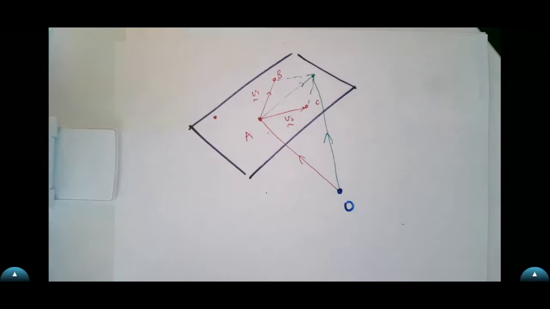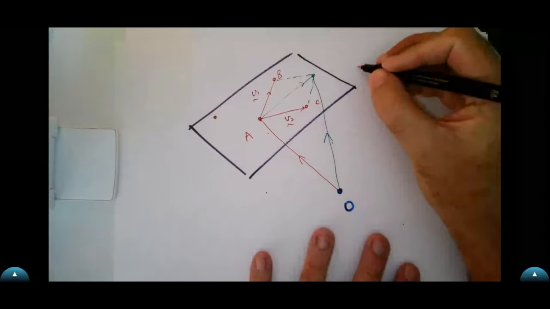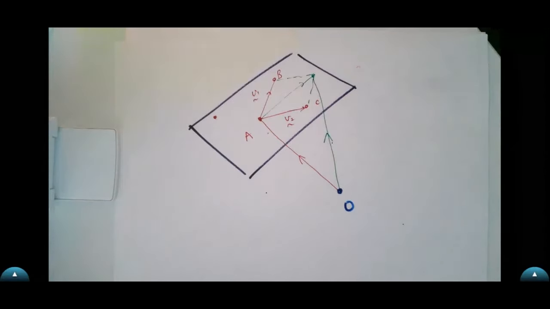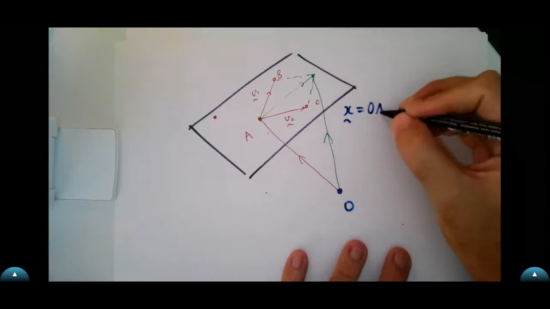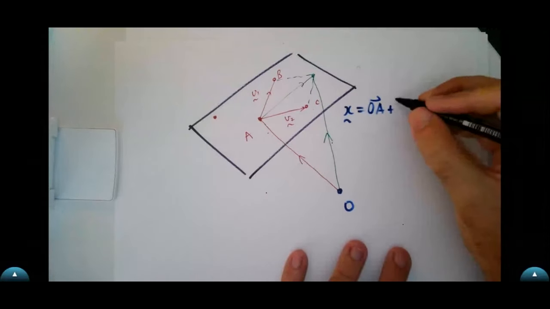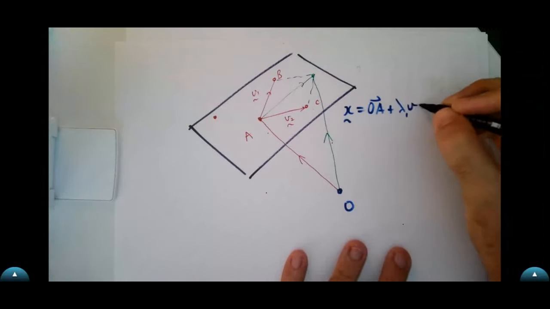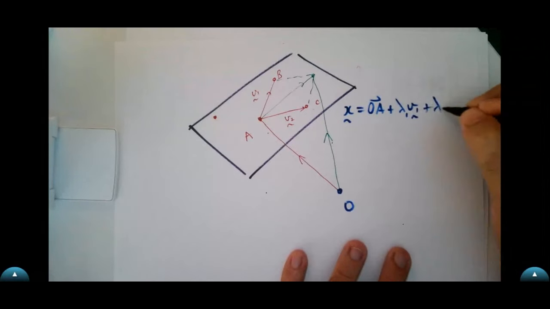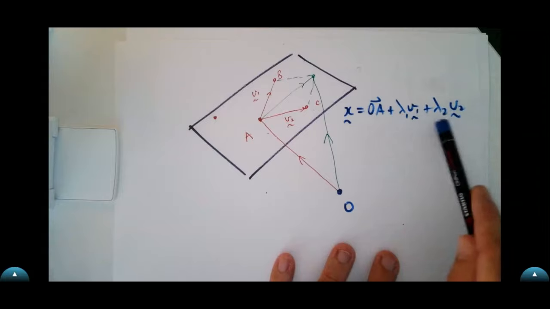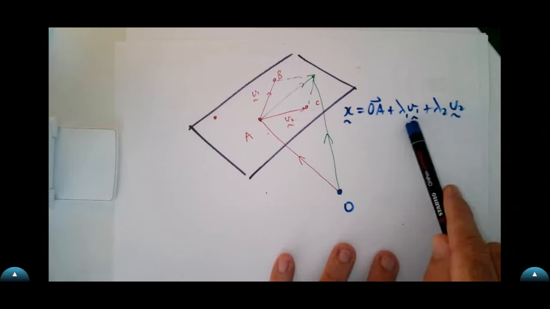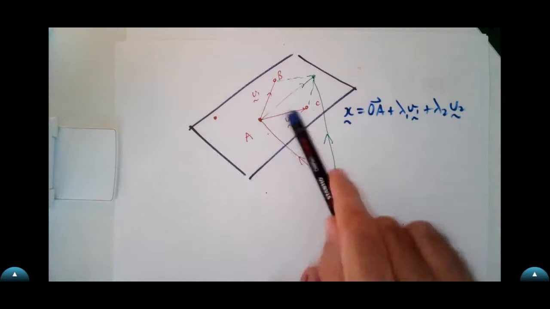So that's why it has this kind of format, right? You have OA plus lambda 1 V1 plus lambda 2 V2. These lambda 1 and lambda 2 can be positive or negative, right? So if you want to get over here, you can flip them around.